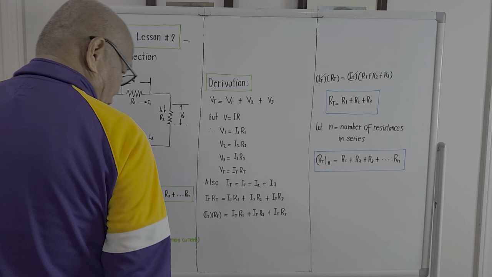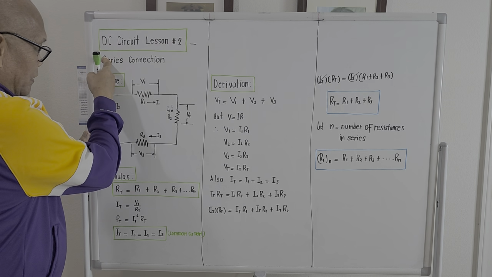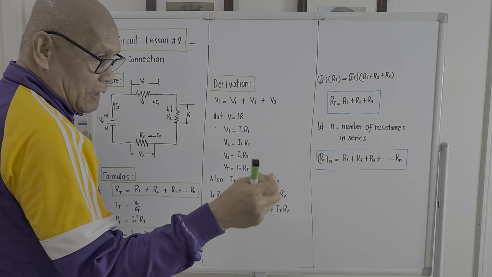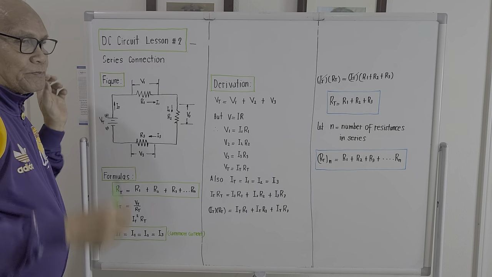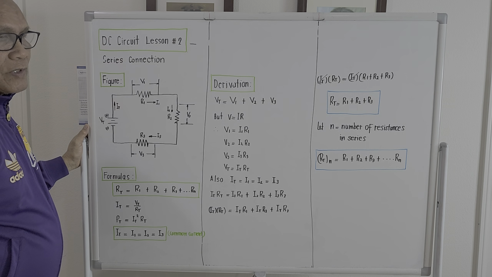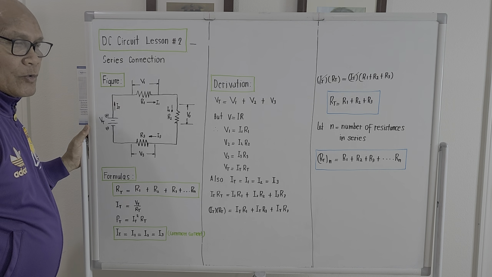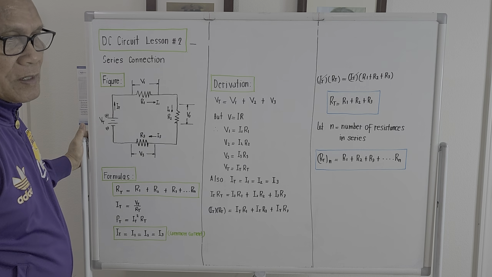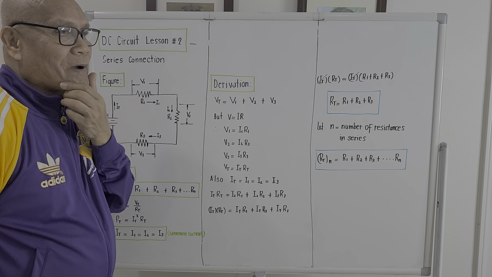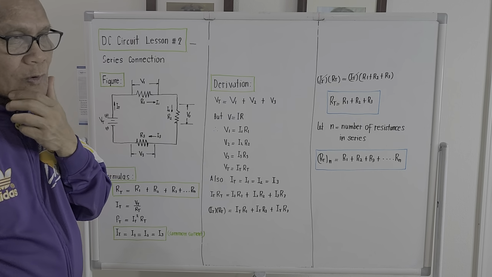My subject matter for this morning will be direct current circuit. This will now be lesson number 2. The last time around, I finished lecturing on the introduction of direct current circuit. So at least we now know what a direct current circuit is. In a direct current circuit, the power source will be a battery and all the loads will be resistive loads.